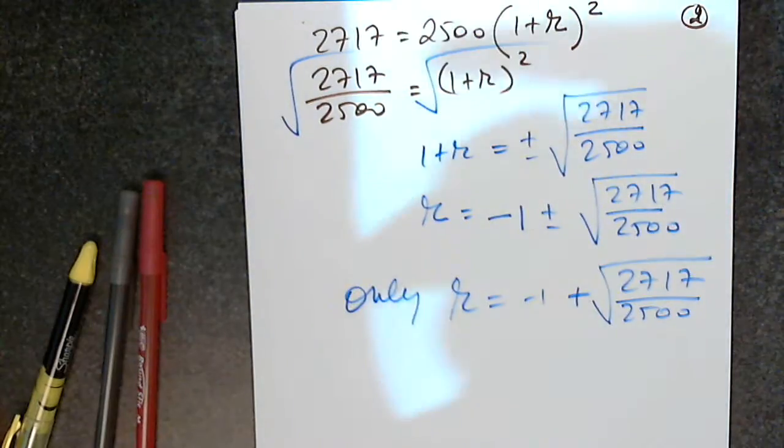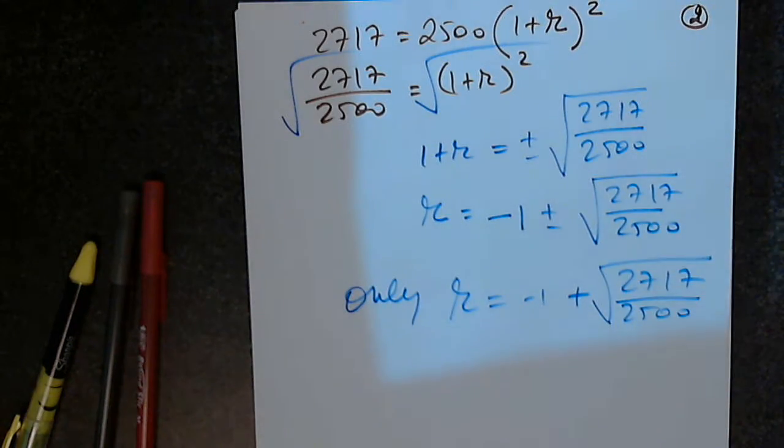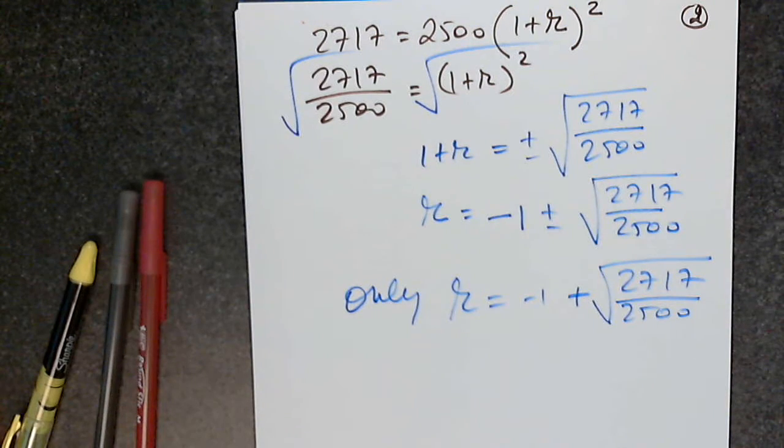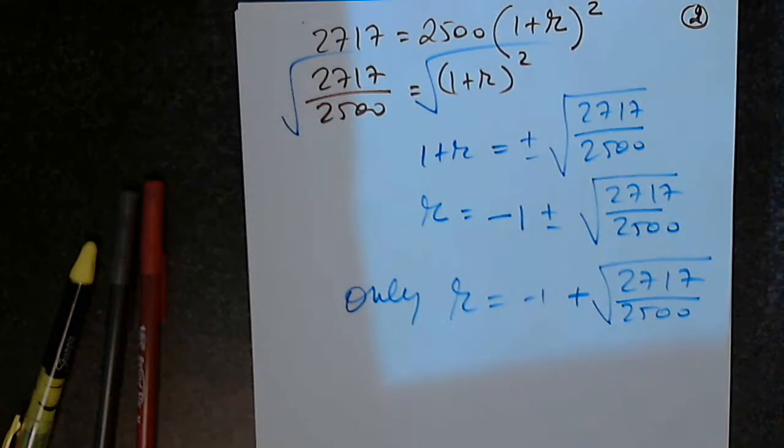Very good. So now with the graphing calculator, clear whatever you have, and you have -1 plus the square root of, in parentheses, 2717 divided by 2500, close the parenthesis, and press enter.